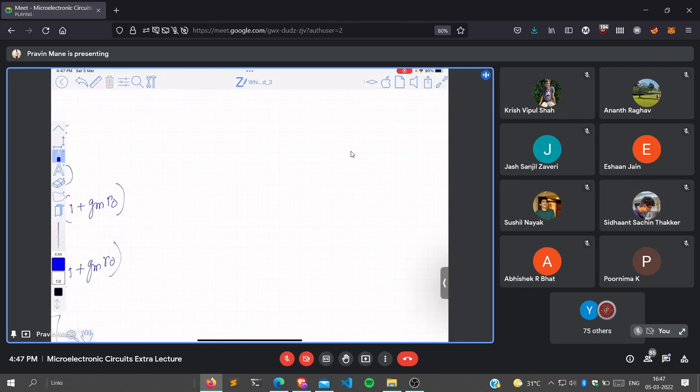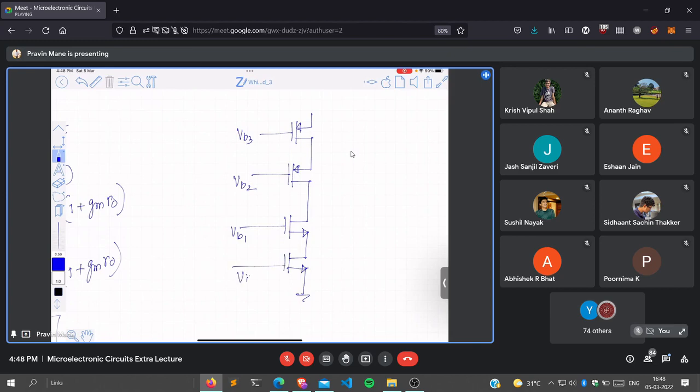So, somebody asked what is the method of calculating this? Because you have seen this amplifier, right? This is VB3, VB2, VB1 and Vin.